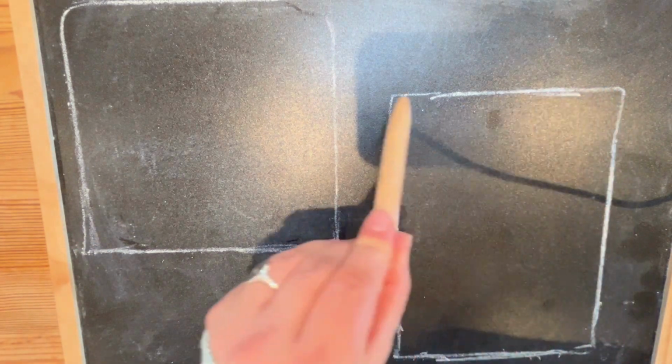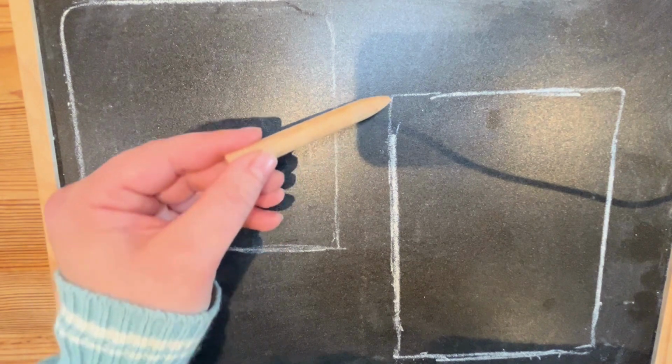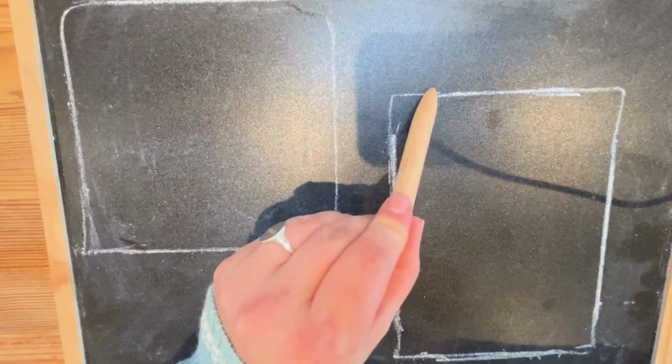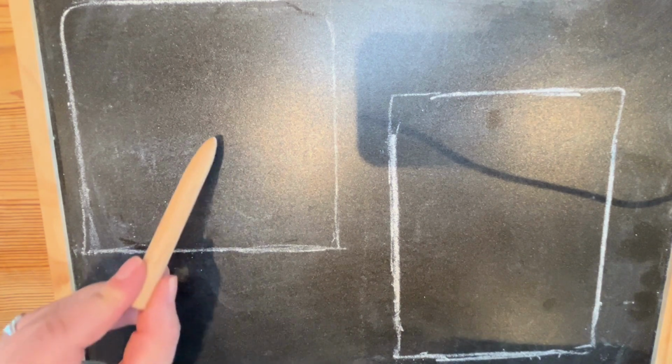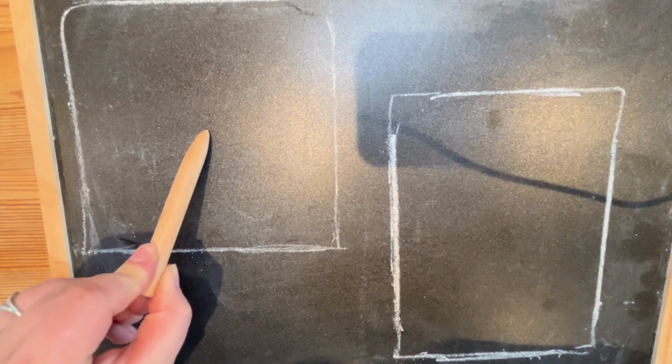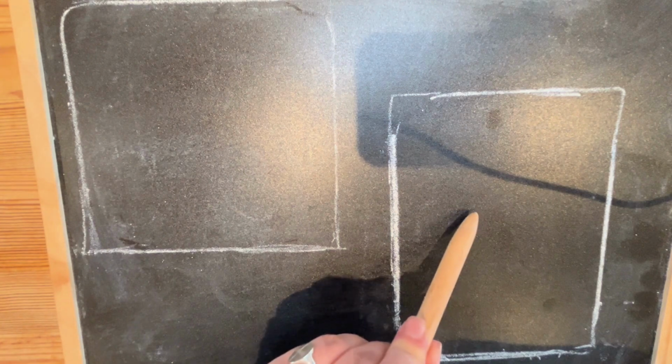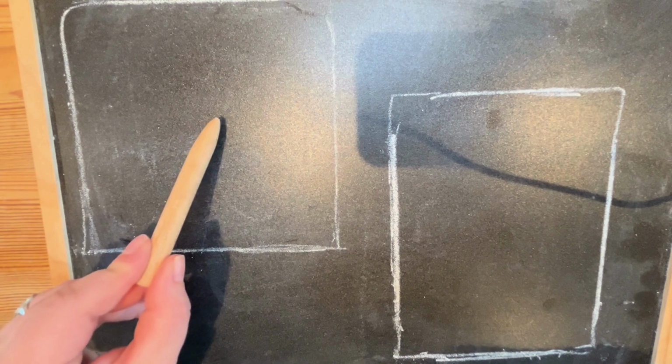But if you look at this one, it has 2 shorter sides here and here, and it has 2 longer sides here and here. If a shape has 2 shorter sides and 2 longer sides, then it's called a rectangle. This one is a square. They're all the same. And this is a rectangle. It has two longer sides. Square and rectangle.